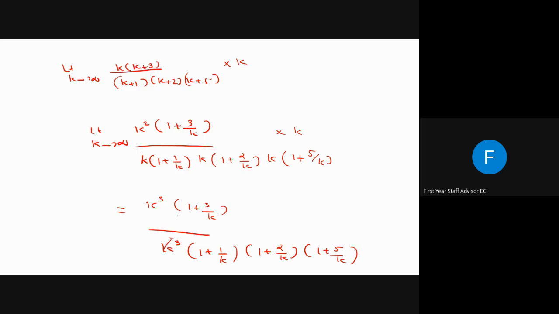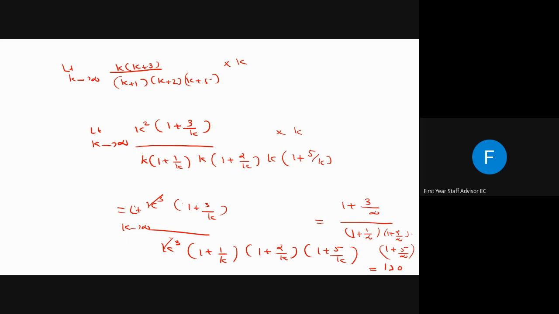These cancel. Take the limit as k tends to infinity: 1 plus 3 by infinity divided by 1 plus 1 by infinity into 1 plus 2 by infinity into 1 plus 5 by infinity. So the answer is 1, greater than 0.